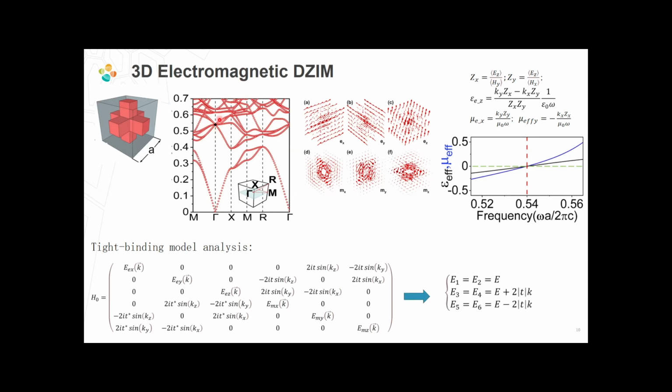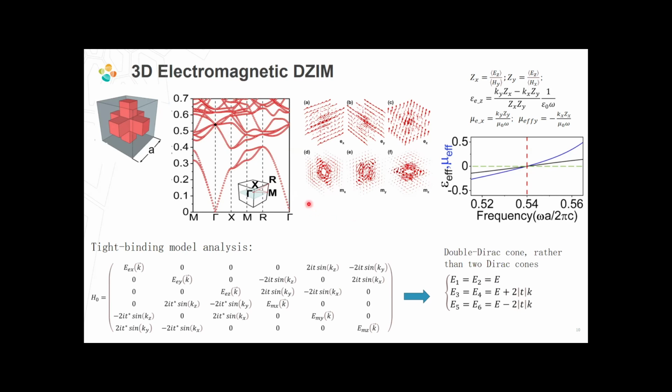So we calculate the slopes, and we found that there is a flat band in the vicinity of this zero index point, and the remaining 4 are linear bands, and 2 of them have the same slope, and the other 2 have the same negative slope. So that means we have the so-called double Dirac cone rather than 2 Dirac cones.